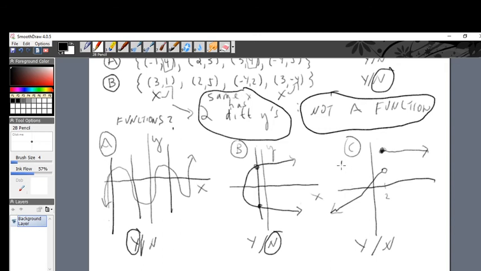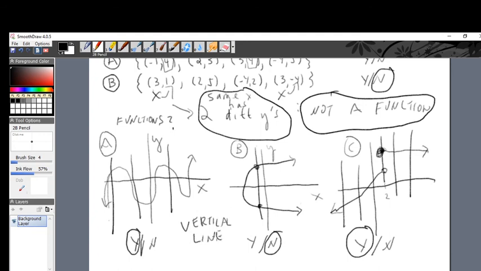And this one is perfectly okay. You do the vertical line test, and it never hits two spots. Even if you put it through here, this is the only thing that's true. This is not in the function. So the vertical line test is able to determine for you that yes, this is a function. This is called the vertical line test. And it tells you if something is a function or not. If it never crosses two spots, then it's going to be a function.